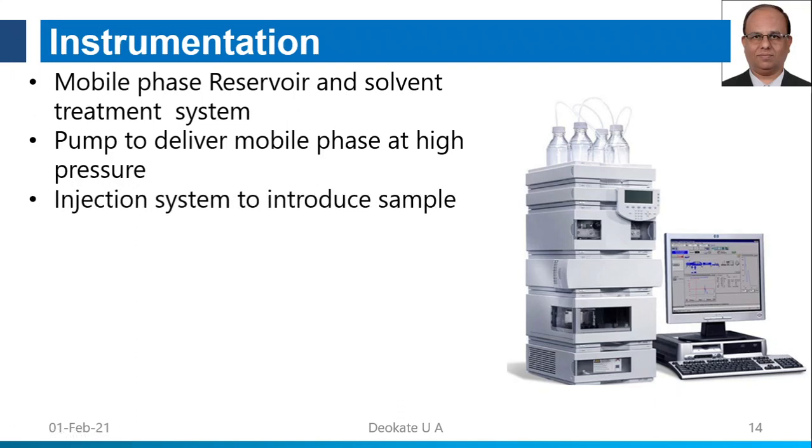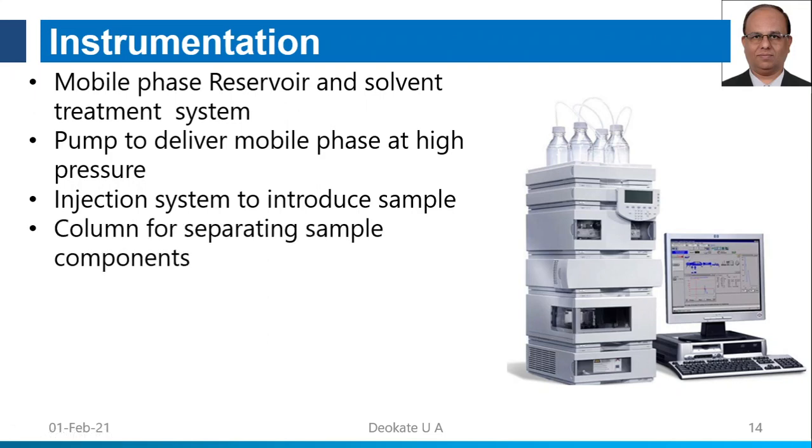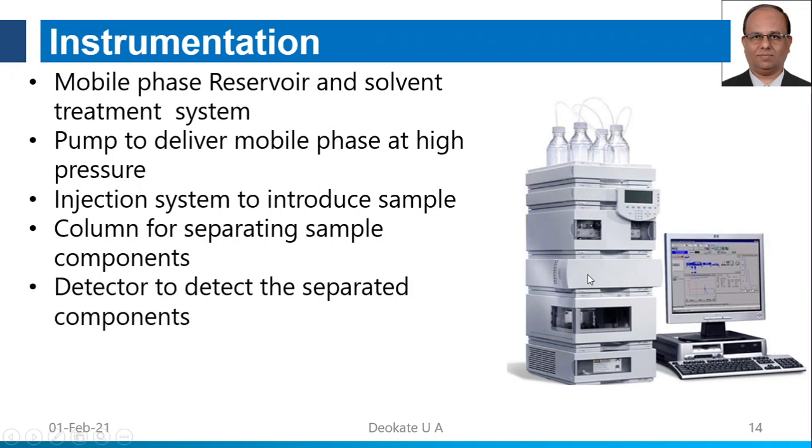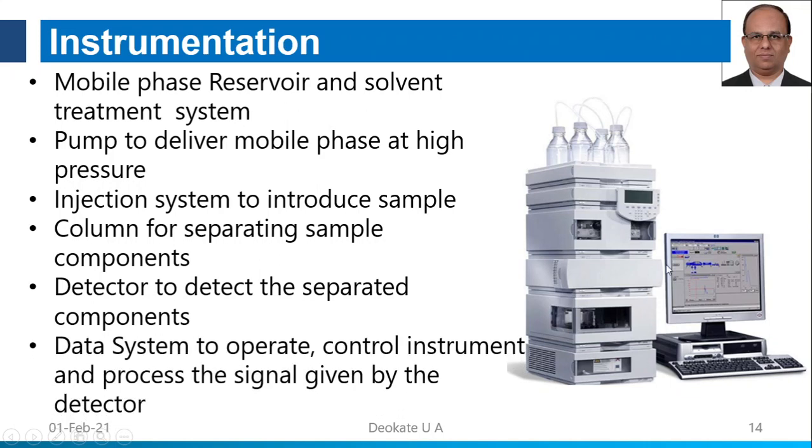Then the injection system to introduce the sample, either manual injectors or automated injectors. Then the columns for separating the sample components, which may be provided with ovens. The detector detects the separated components, and certain detectors give you the readings directly. Then a data system to operate and control the instrument and process the signal given by the detector.